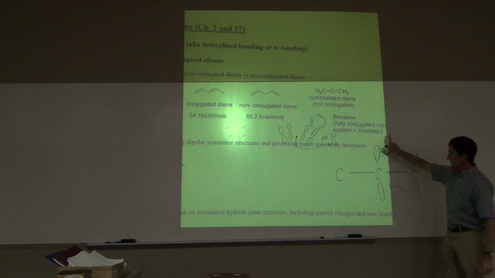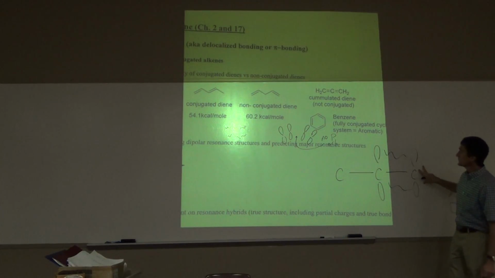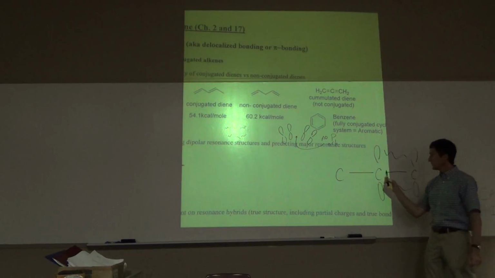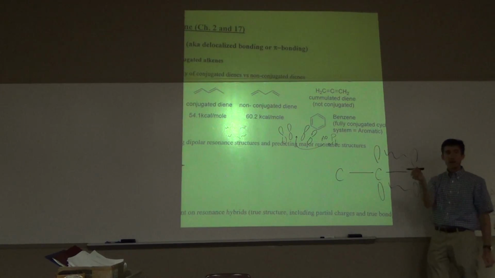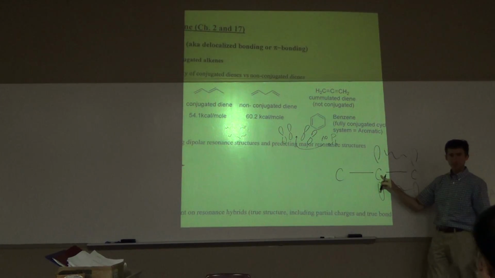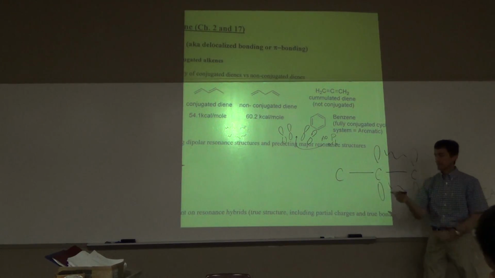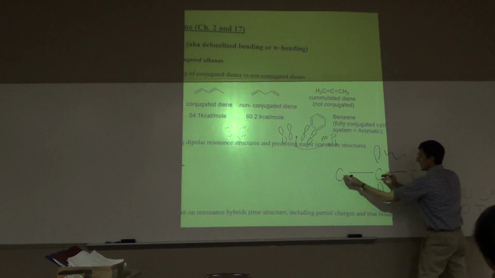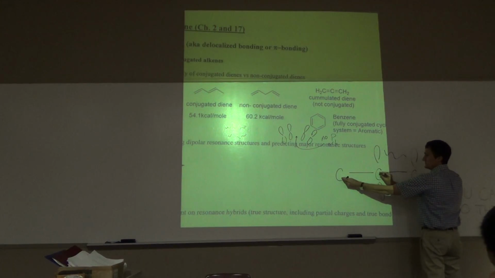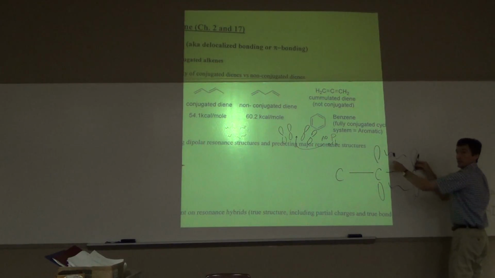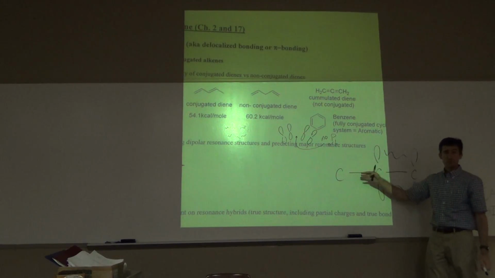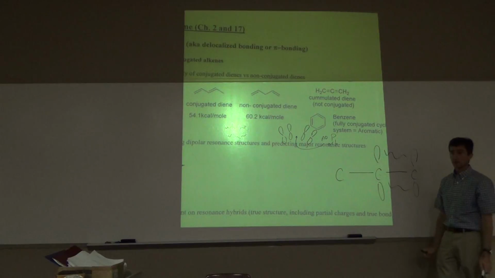One p orbital is straight up in the board, overlapping with the p orbital next door, but the other p orbital is coming out this way. It's orthogonal or perpendicular to that p orbital. Since that one's coming out this way, this one's coming out this way. And so these two are like this, while the other two are like that. Two pi systems are perpendicular to each other.